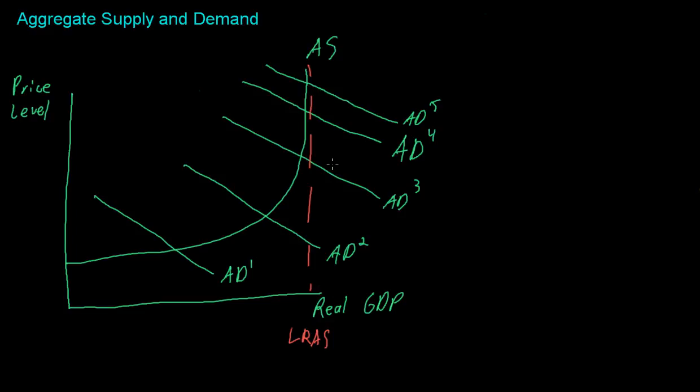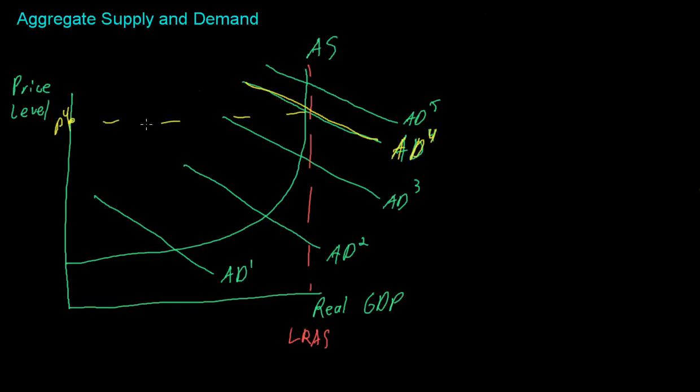The second big thing is that when you get into this long run part of the aggregate supply curve, the price level is determined by aggregate demand. So here at AD4, the fourth aggregate demand, we have a price level that's about here, and I'm going to call this P4 just to be consistent.